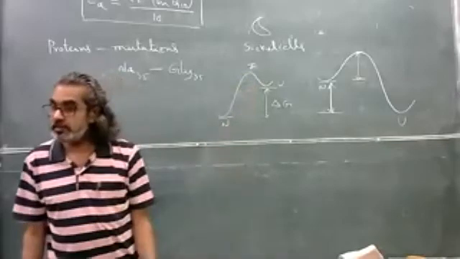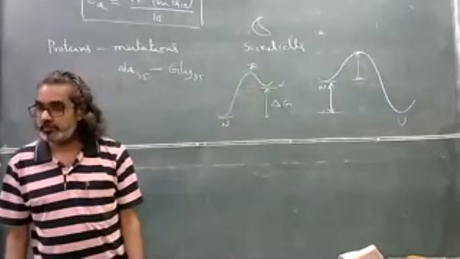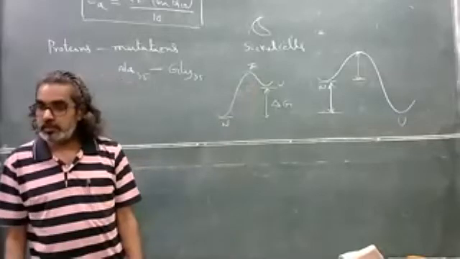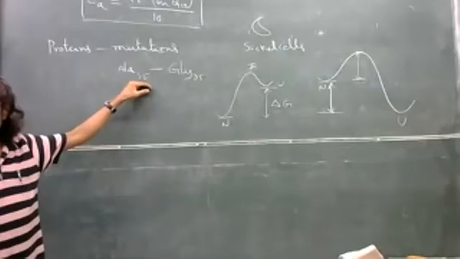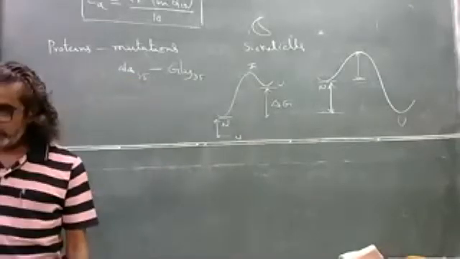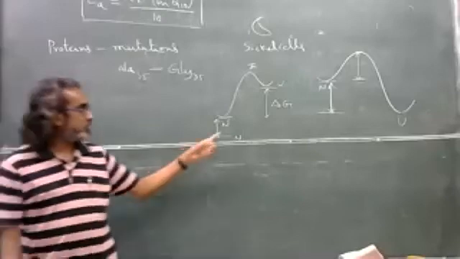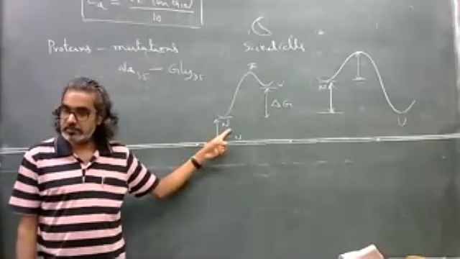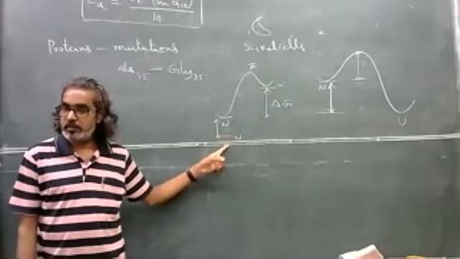The question is, now, for example, let's say this mutation is a stabilizing mutation, meaning the native state is more stable.